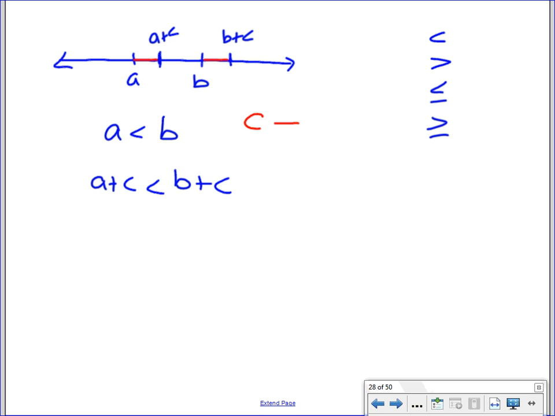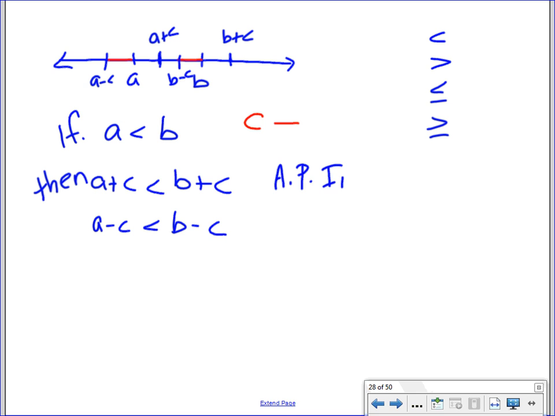In other words, if A is less than B, then A plus C will be less than B plus C. Now notice, if we were to subtract the distance C, we would get A minus C and B minus C. Now notice A minus C would be less than B minus C. So this first one we would call the addition property of inequality, and the second one we might call the subtraction property of inequality.